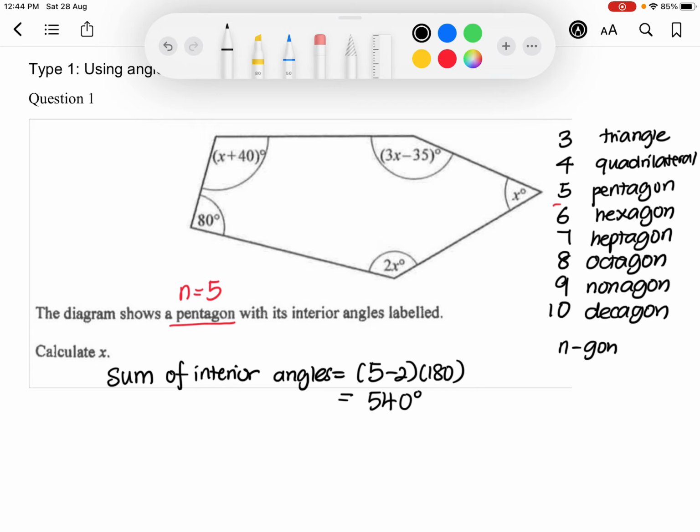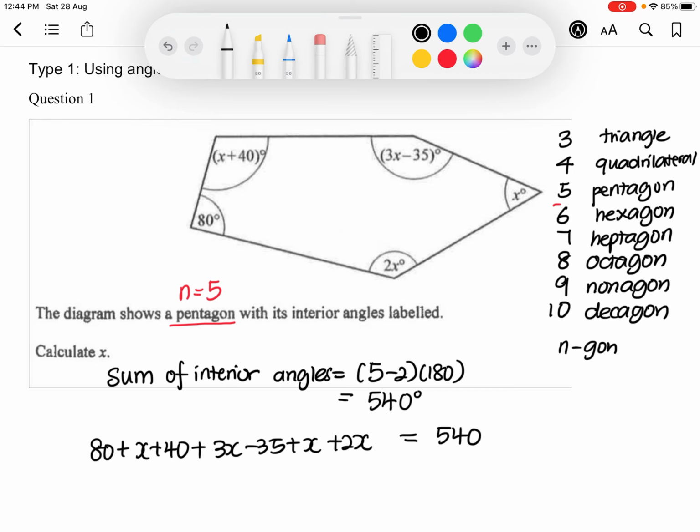After which I know that the total of all these angles will give me 540. So I'll have the angle 80 plus 40, plus 3x minus 35, plus x, plus 2x, equals a total of 540 degrees. Now when we have working, we do not need to write the units.